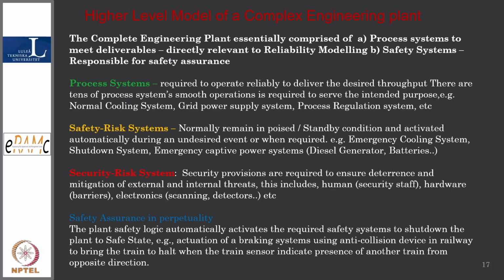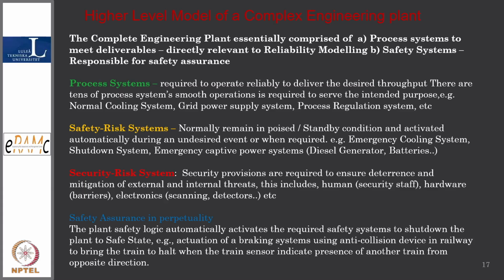Now we have been talking about the complex system. Sometimes I have to explain at a higher level what a complex system is. Complex systems are the ones where we have two major categories of system structures and components. One is called the process system, the other one is called the safety system. Okay.